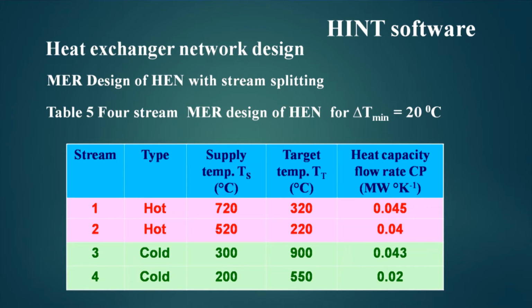In the first design problem, we will exhibit how stream splitting is done, and in the second example, we will take a problem where stream splitting is not required. And then with the second problem, we will move forward and we will go for a MER as well as non-MER design.